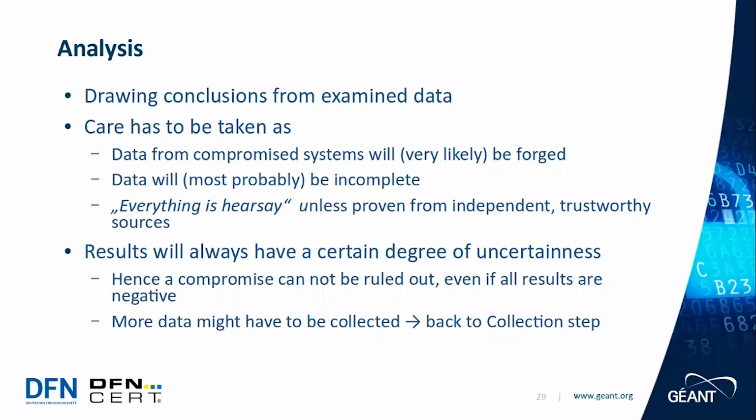So a good incident responder will always be very careful when answering that question. It might also mean that we have to collect more data and reiterate our steps. Or we may find during this investigation that other systems have been compromised and we want to collect data from them too.